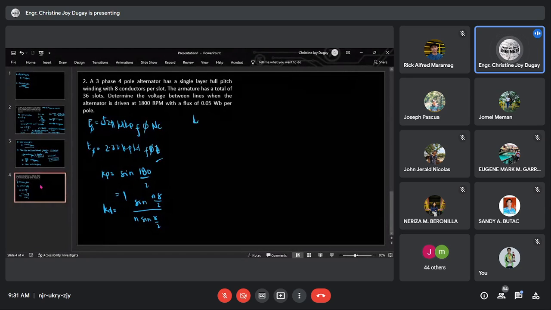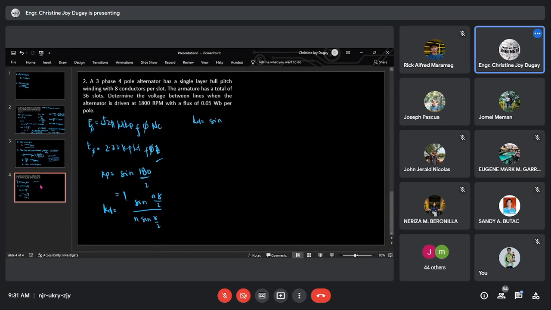So, ang Kd ngayon natin, that is equal to sine of n natin. What will be the value of n? n is equal to slots per pole per phase, no? Yan, check natin kung 3 siya.